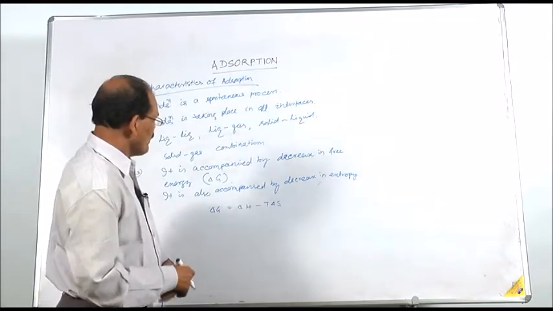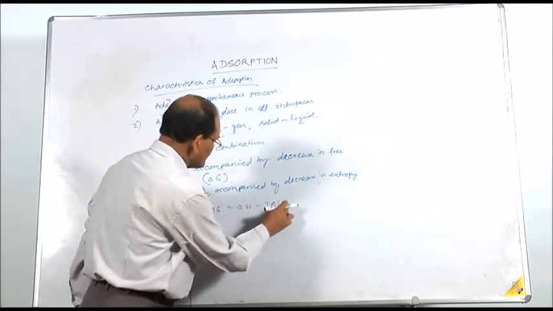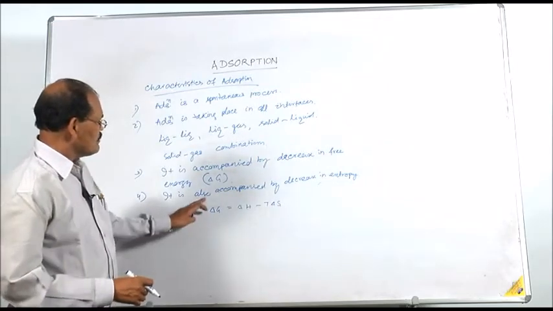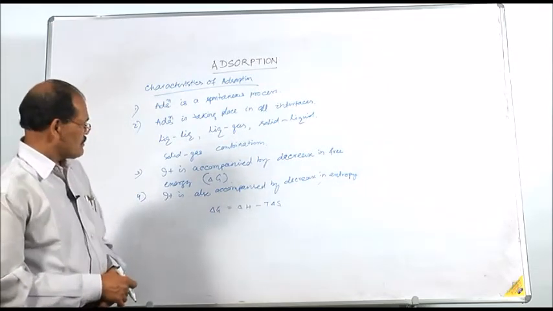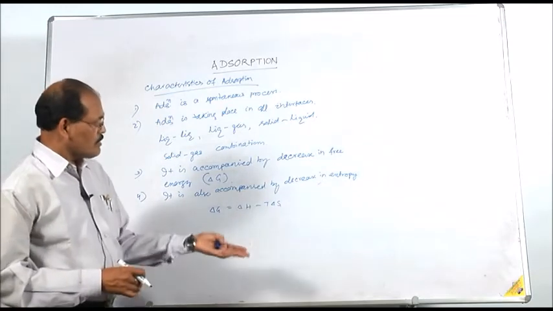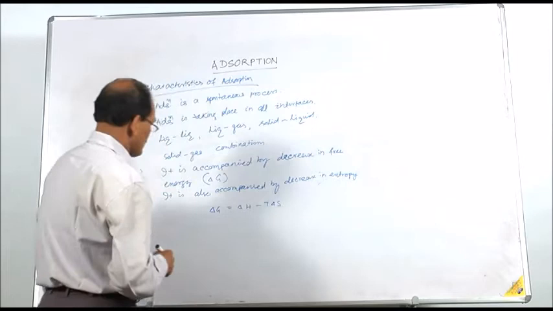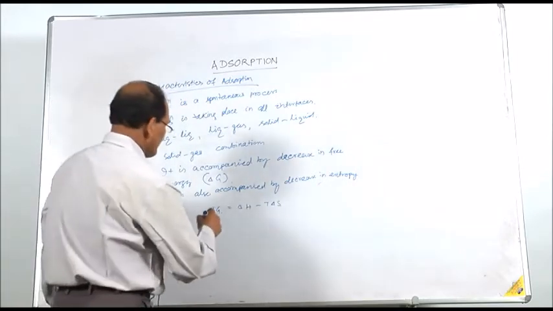If we have more negative delta S, then delta G is more negative in the reaction. That is why energy or heat is liberated in the process. That is why it is exothermic.